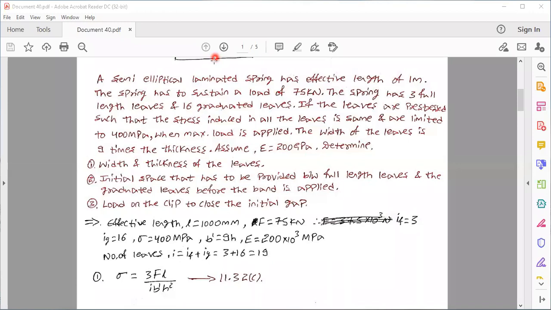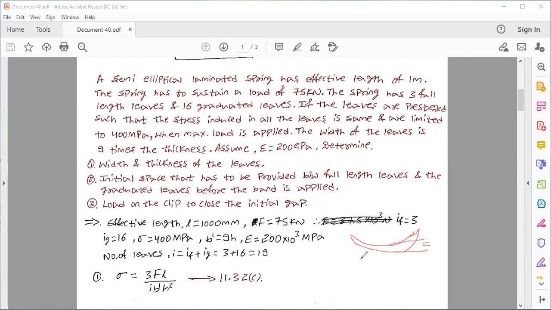I will show you with the diagram. If this is the full length leaves and this is the graduated leaves, whatever this gap is, this is nothing but C. You need to calculate how much initial gap has to be left between the full length leaves and the graduated leaves.